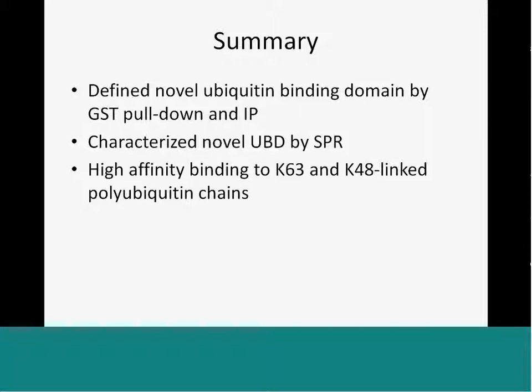Obviously, that doesn't allow you to calculate kinetics of the interaction and the pharmacodynamic principles of the interaction, which is why we turned to SPR to define this ubiquitin binding domain, which suggests that it has a high affinity for K48 like polyubiquitin chain. Not sure that there's a difference between binding the two. So we're still characterizing this interaction a little more, and obviously we're trying to determine the function of the ubiquitin binding domain. I think I'll stop there.